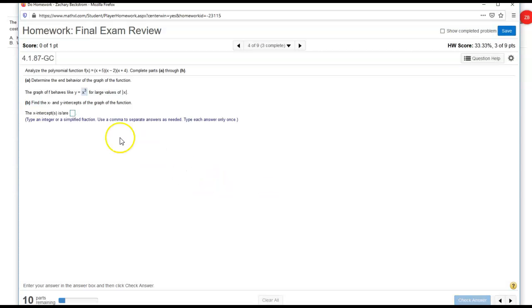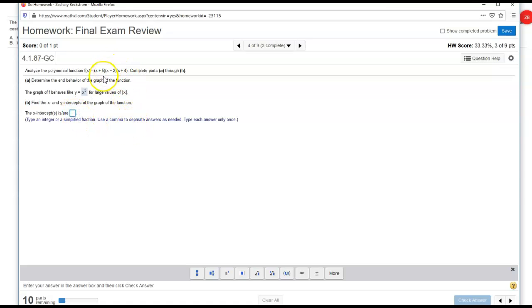All right. And then now it says find the x and y intercepts of the graph of the function. Well, luckily it's already factored for us. So for the x-intercepts, you set each one of these equal to 0. So it's just going to be the opposite sign of whatever's in here. So if you have x plus 5 equal to 0, then x is equal to -5, and then +2 and -4.